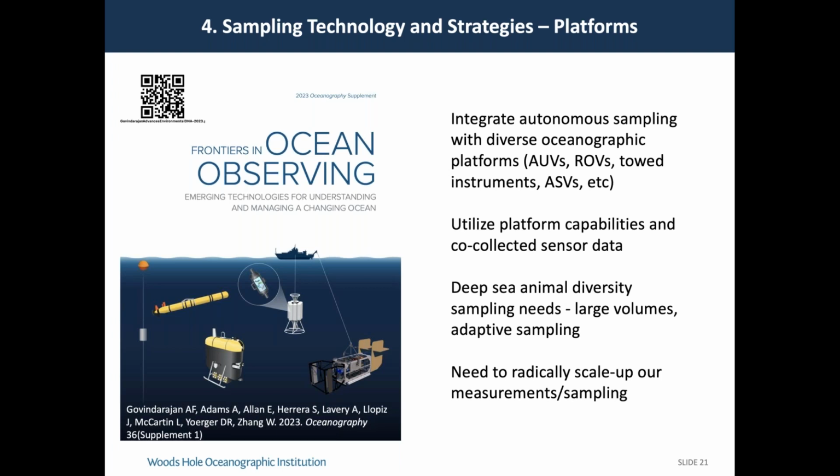While we started with Mesobot, we have now put them on other vehicles, like an ROV or towed instruments, and we envision in the future that these will be part of standard equipment on all platforms, right? There are a lot of advantages to doing this.